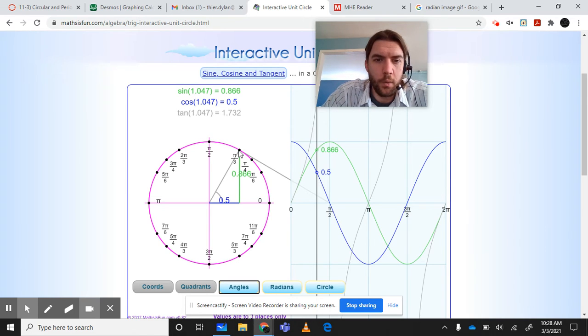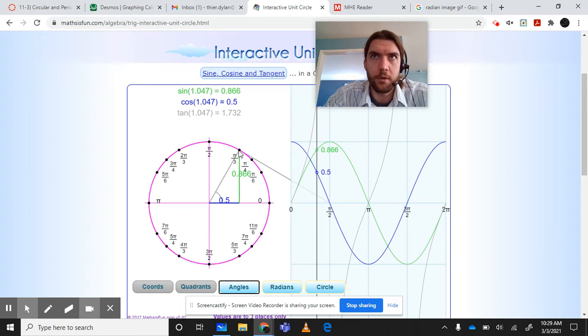Now, if you want to know what the sine of this particular angle is, the sine is going to be 0.866, right? Your sine is your opposite side divided by your hypotenuse. For that little right triangle below my mouse, the opposite side to that angle is the green line, and the hypotenuse is the gray line. But the hypotenuse is 1, because we're in a unit circle with a radius of 1.